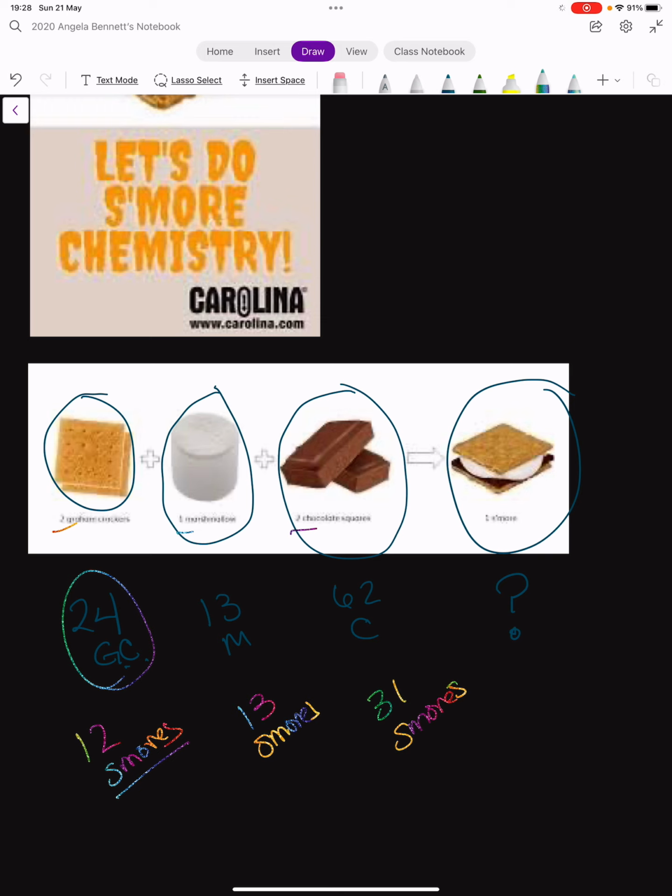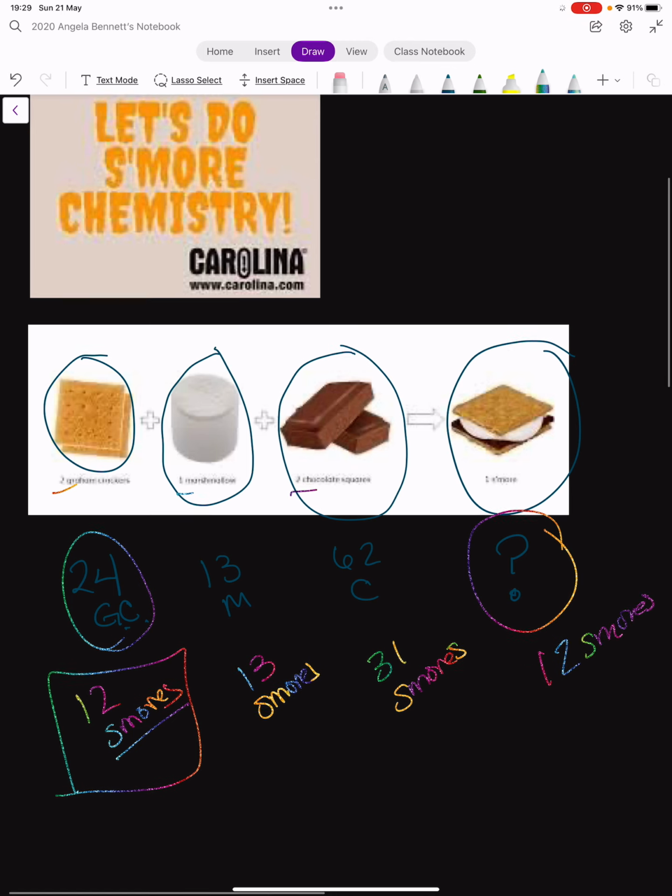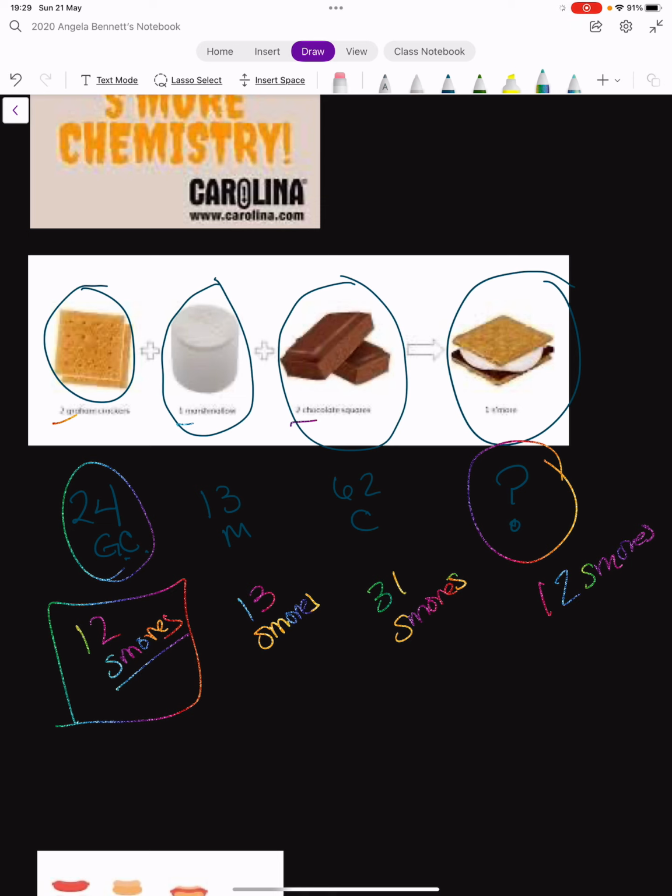So when you're trying to answer this question of how many can I get, you can only make the smallest amount based upon the supplies that you have. So I can only make 12 s'mores. So 12 s'mores means that in this particular case, the graham crackers are my limiting reactant, or reagent, both words work.